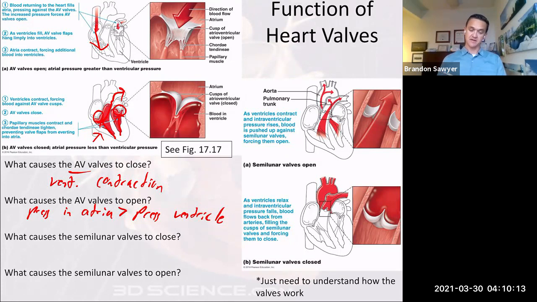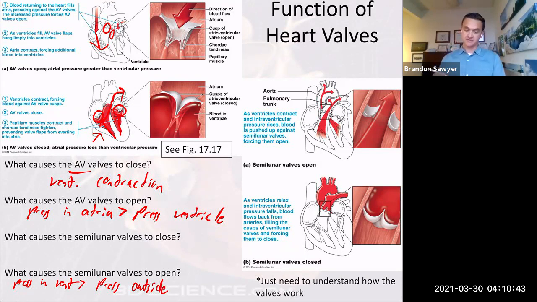Okay, what about the semilunar valves? So those are the ones up here, the ones leaving the heart, right? We got the two there. Okay, so what causes them to close? Well, let's start with what causes them to open. They open up when the pressure inside the ventricle exceeds the pressure on the outside. Okay, so pressure in ventricle becomes greater than pressure outside.